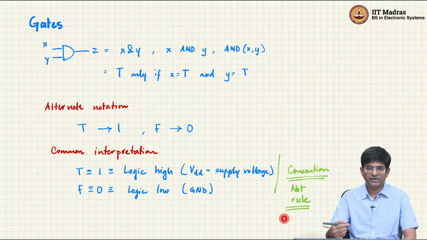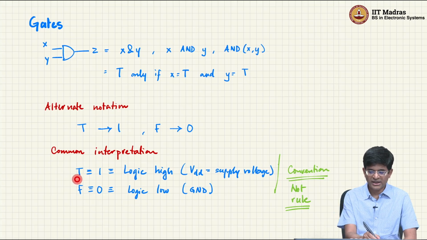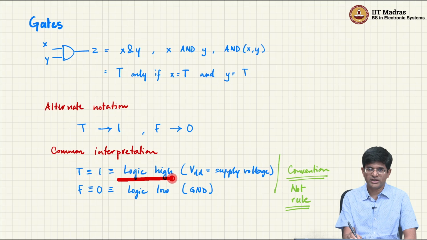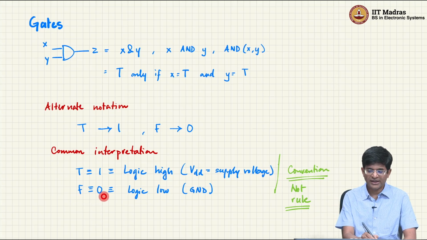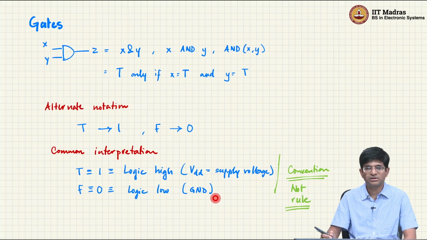Now, even further, when we actually got to the point of building circuits that have this kind of behavior, the step that was taken was we go from truth and say it is equivalent to the value 1, and we further say this corresponds to a high logical state, and the reason for that was it typically corresponded to a particular voltage somewhere in a circuit corresponding to the value of the supply voltage. Similarly, false would be 0 or a logic low because it would correspond to ground.